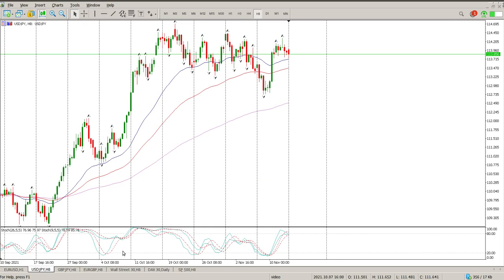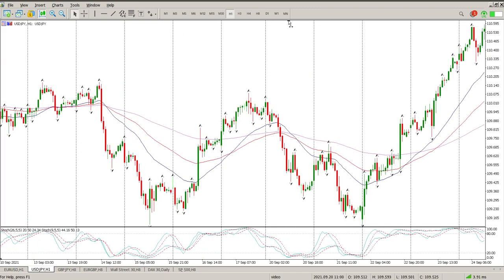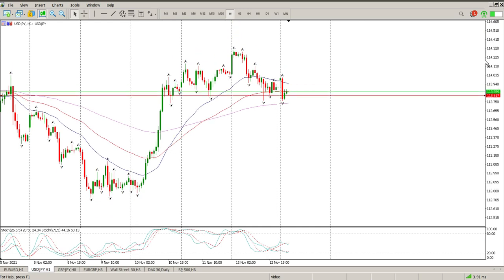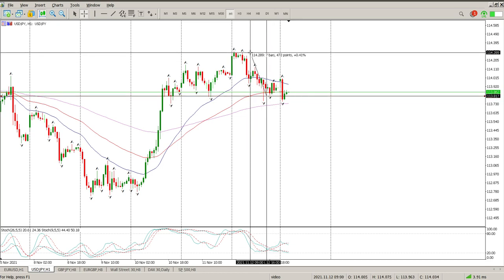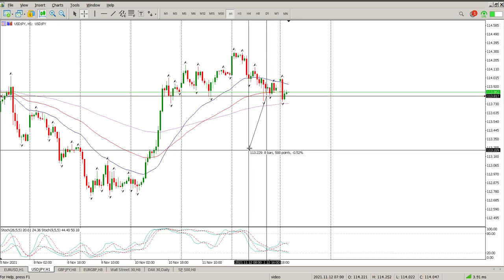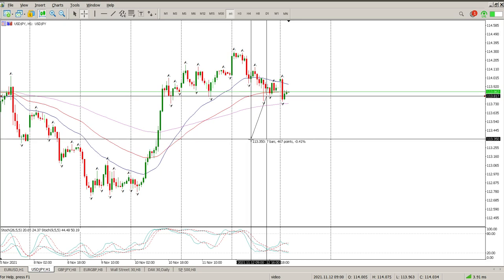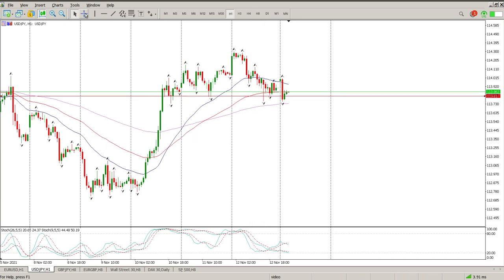US dollar, Japanese yen. This is very much sideways at the moment. There's no real structure here. There is a bit of something going on right here where we're bouncing around at 113.817. But if we go down to the hour, you'll see potentially a head and shoulders here. That would mean something like this, so that's 478 points. And you'll see there is structure here as well.